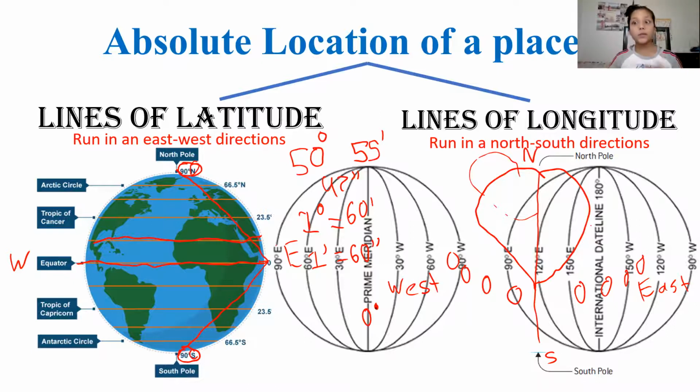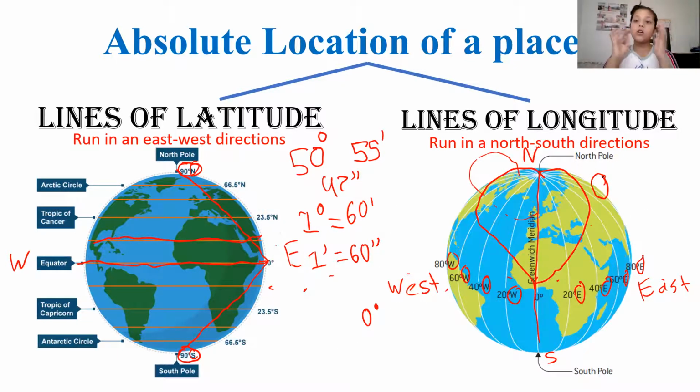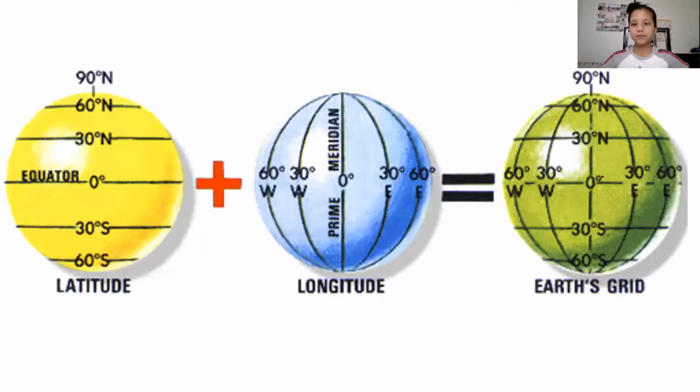See? 30, 60, 90, and on the back it's 90, 120, 150, and the international date line, as you can see, says 180 degrees. So 0 to 180 degrees, like a full circle, 0 on the front side to 180 on the back side.